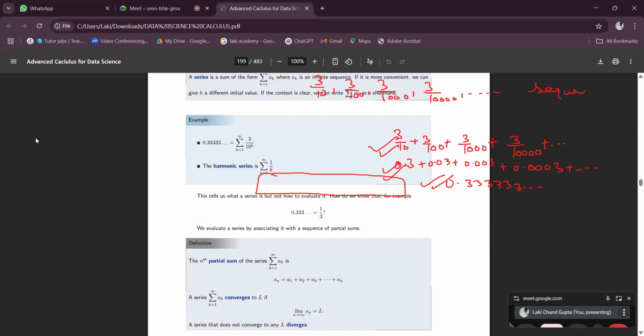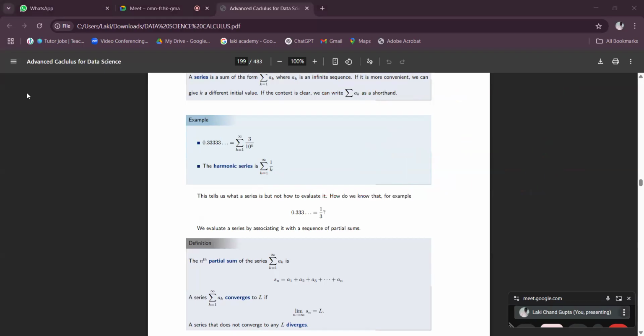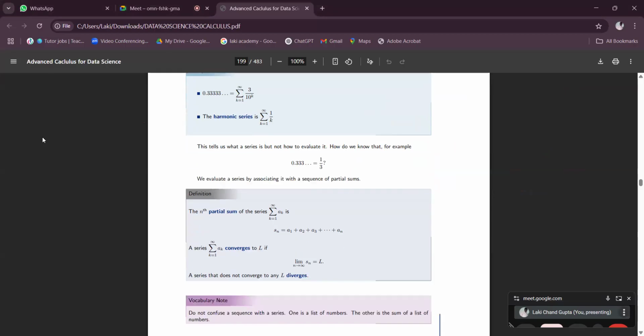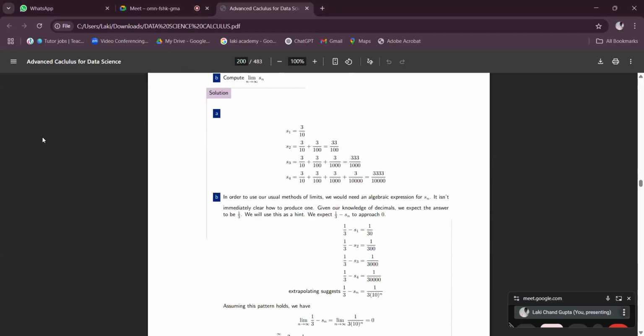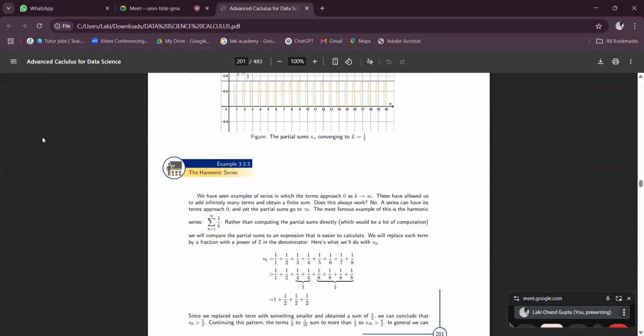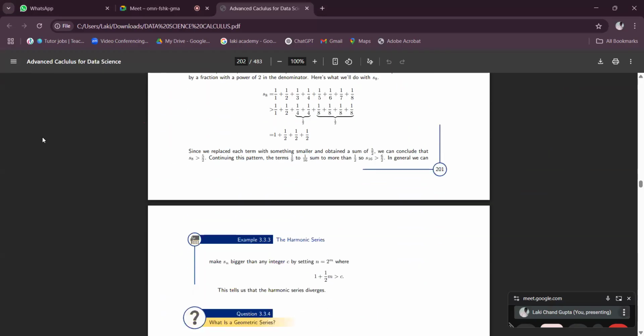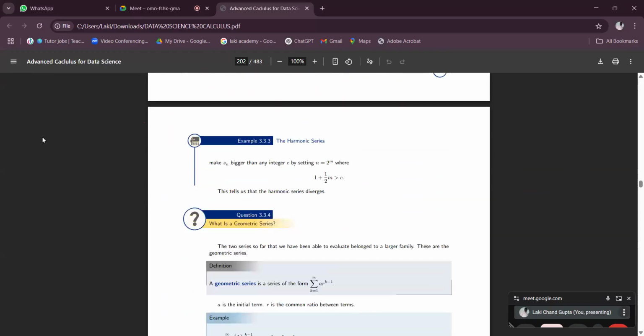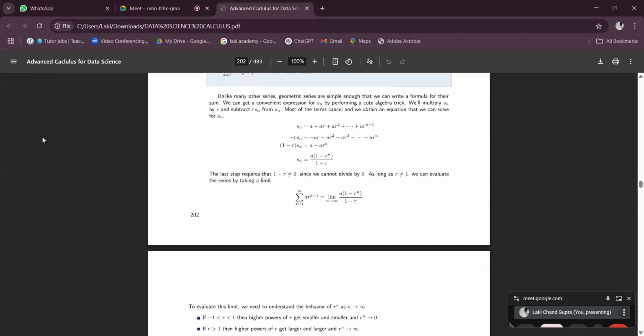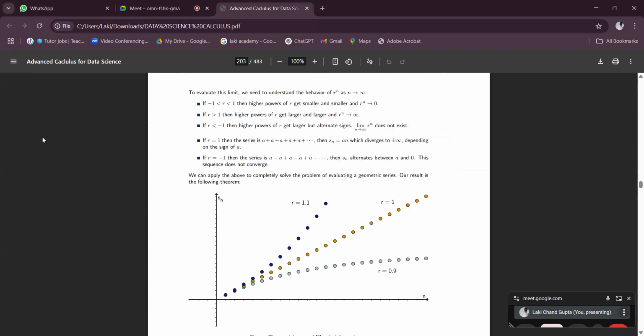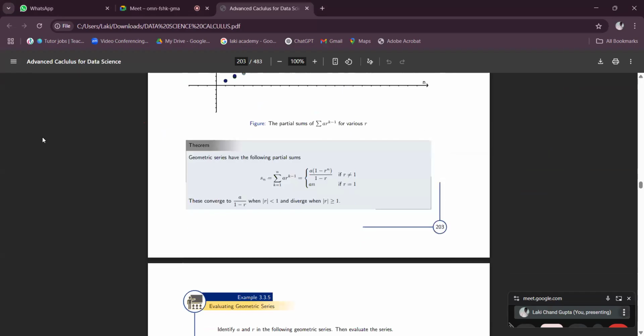So basically, there are three types of series. One is arithmetic series. Okay. Second is geometric series. And third is harmonic series. Okay.